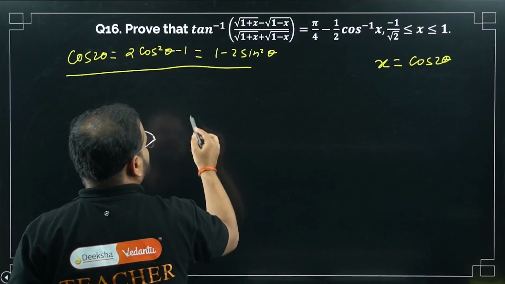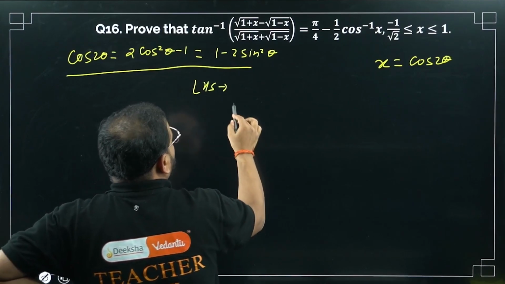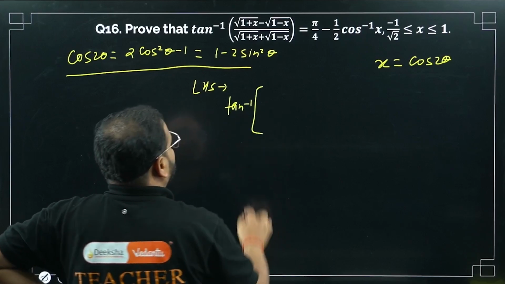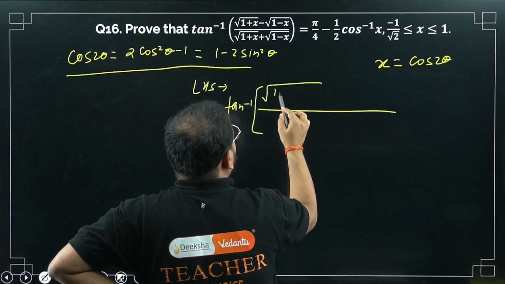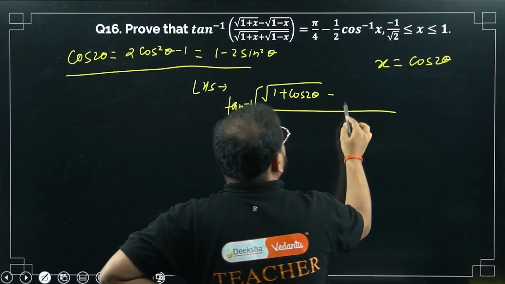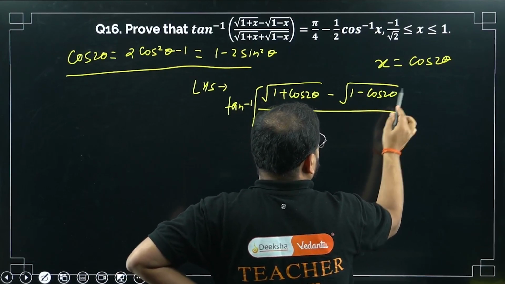Now check the LHS part. Only the LHS I'm going to use. Check this out. Tan inverse, root of 1 plus cos 2 theta minus 1 minus cos 2 theta.